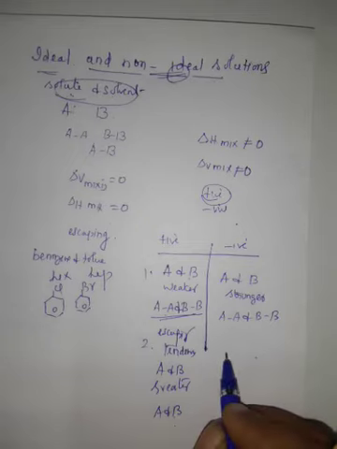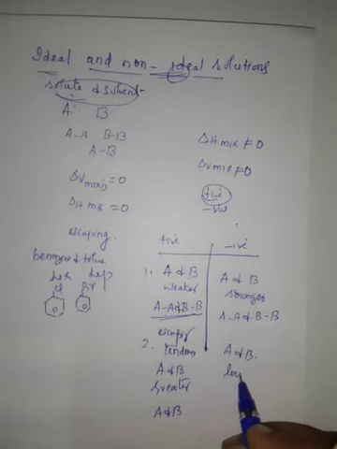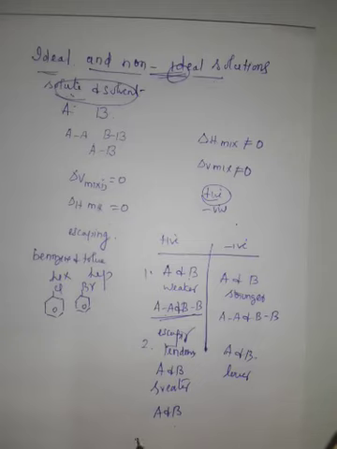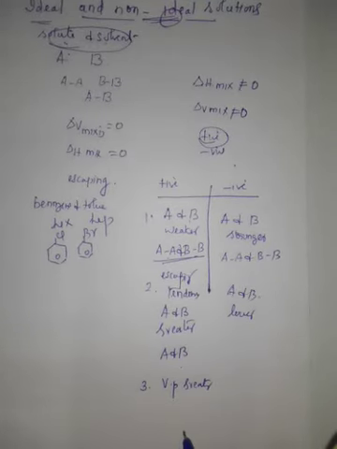But in negative deviation, the escaping tendency of A and B will be lower than in the ideal solution formed by A and B. Third, the vapor pressure of such a non-ideal solution is greater than the sum of the vapor pressures of A and B, and this is called positive deviation.